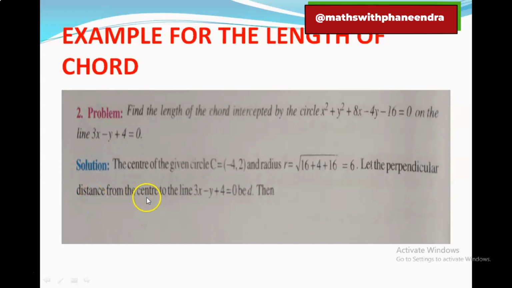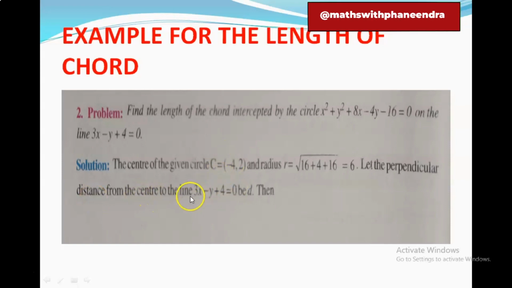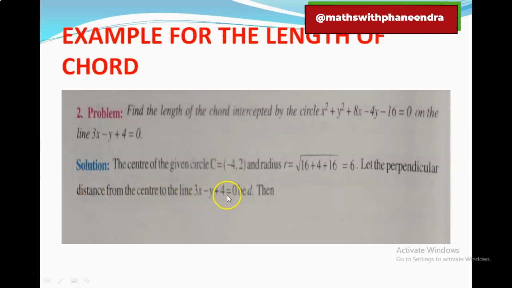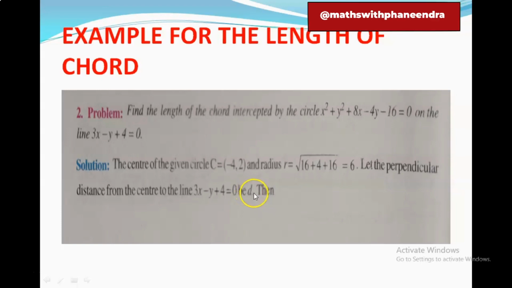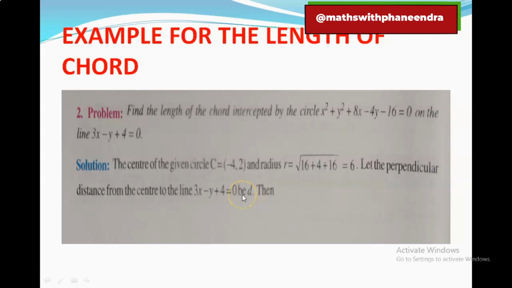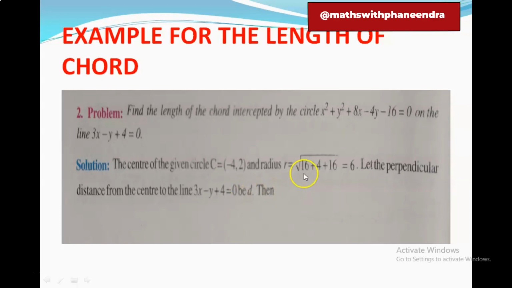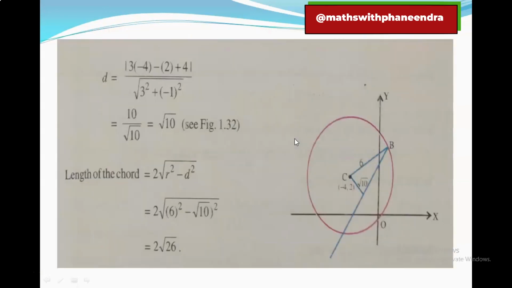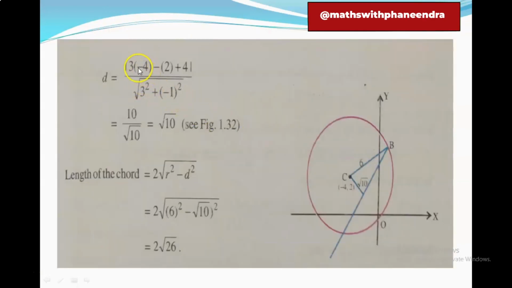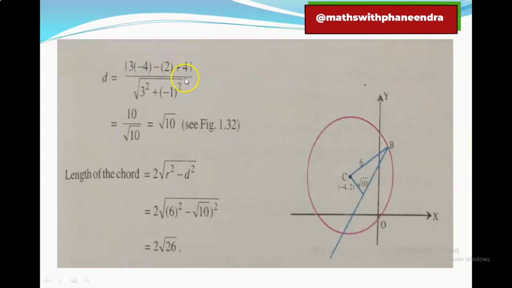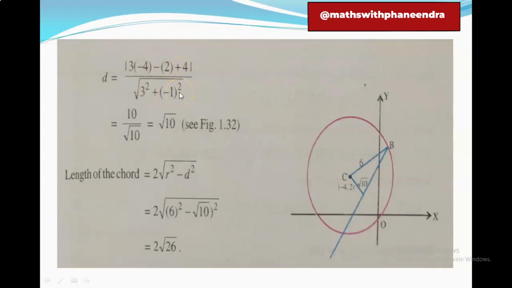Let the perpendicular distance from the center of the circle to the line 3x minus y plus 4 equal to 0 be d units. That is, d is equal to, we will calculate. So the perpendicular distance formula, we know that it is mod of ax1 plus by1 plus c by root of a square plus b square.